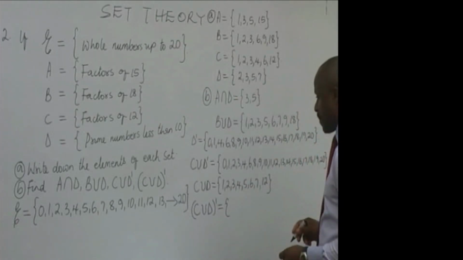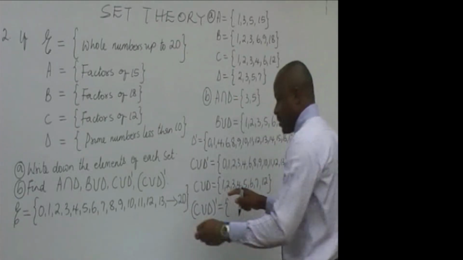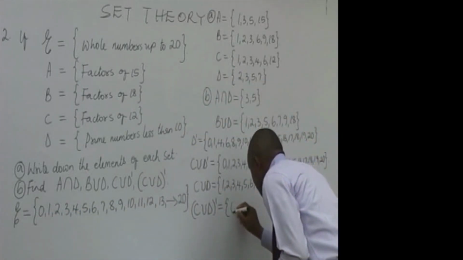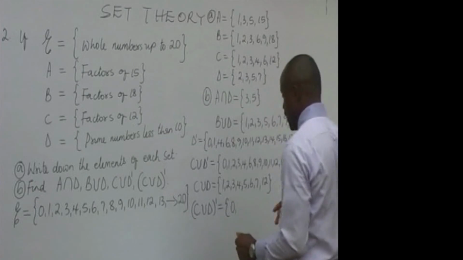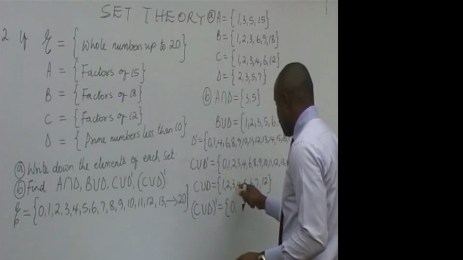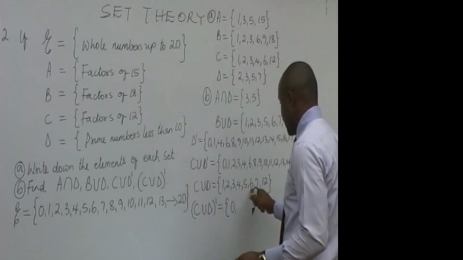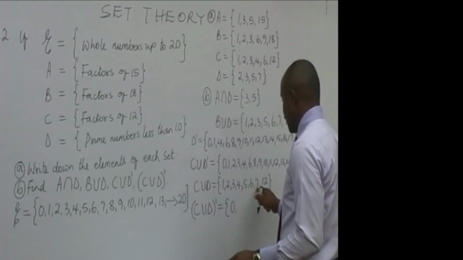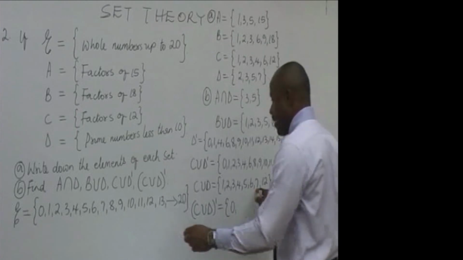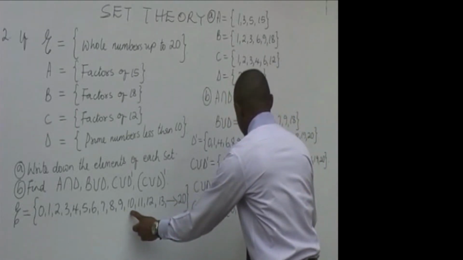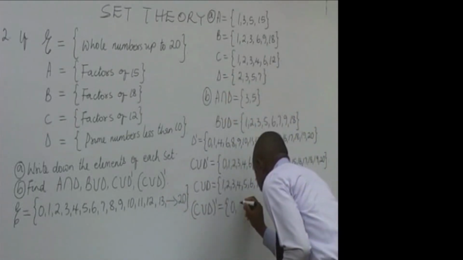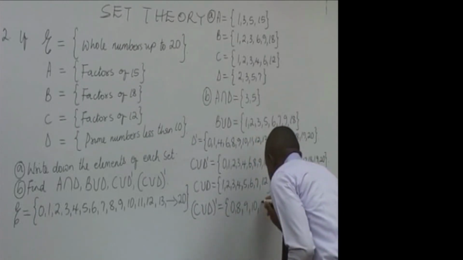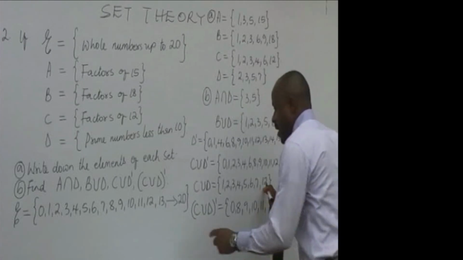So let's look for them. 0 is in the universal, it is not found here. So 0 is the first number. So we have 1, 2, 3, 4, 5, 6, 7. So we have 8, 9, 10, 11. That is 12 here.